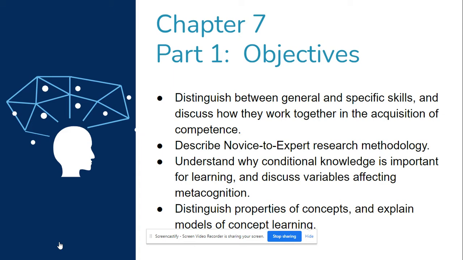All right, let's talk about the objectives here for Chapter 7, Part 1. When we are finished here, you should be able to distinguish between general and specific skills and discuss how they work together in the acquisition of competence. You should be able to describe novice to expert research methodology, understand why conditional knowledge is important for learning, and discuss variables affecting metacognition.